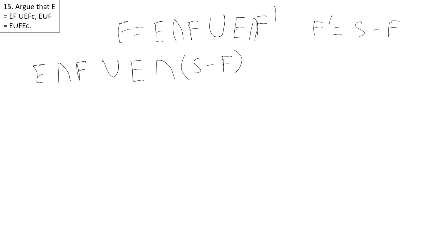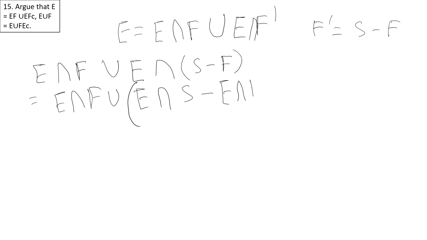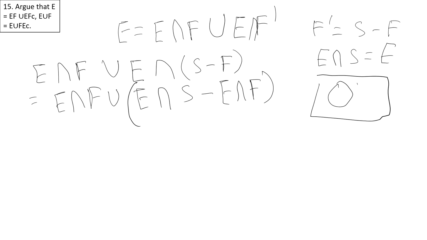Now if we write this, it becomes E intersection F union E intersection sample space minus E intersection F. Now we know that E intersection S will be E itself, because if we draw the diagram, this is E and this is the whole sample space.